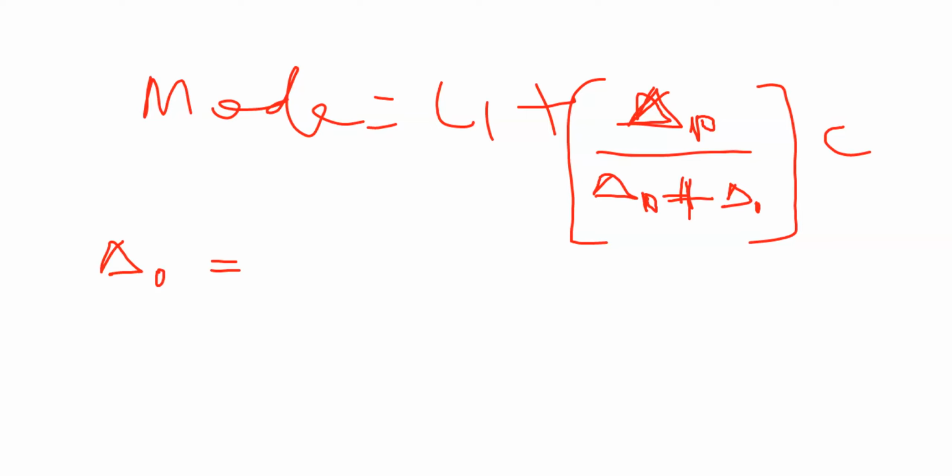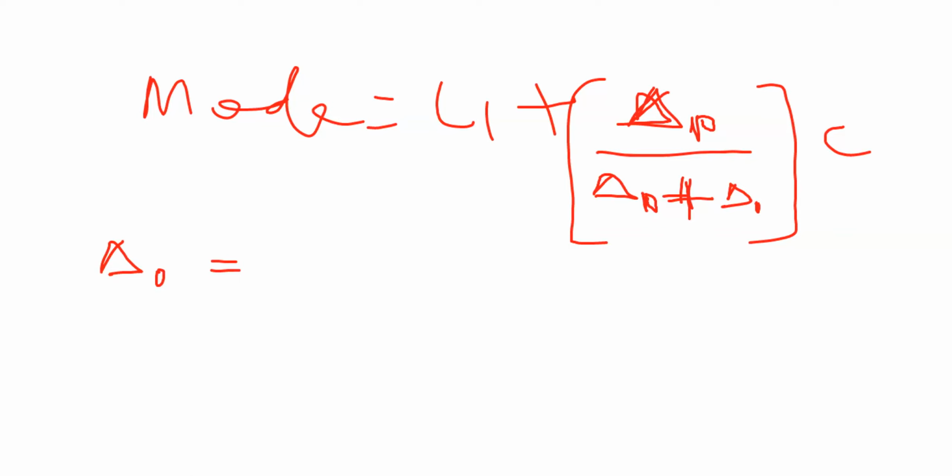The class that has the highest frequency is what? 165 to 169. Good. And what is the modal frequency? Mode is always one frequency, so it is 10. The frequency before 10 is 6.